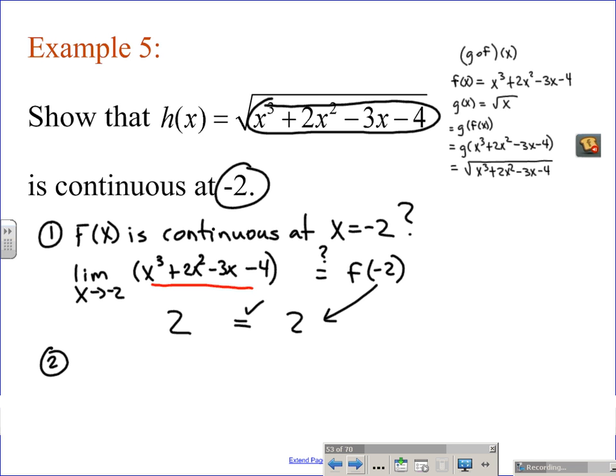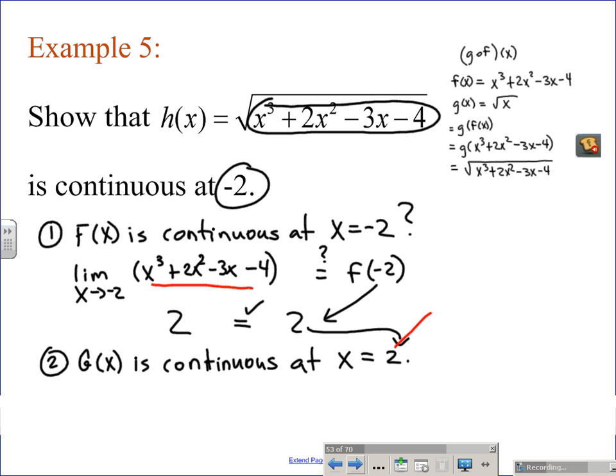So then after you do that, the second thing is to find out if g of x is continuous at x equals whatever this number is. It just so happens that it's the opposite sign of the one we started out with. But the key is that this value here is my f of negative 2.